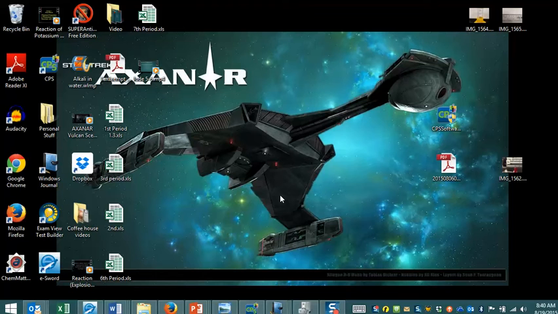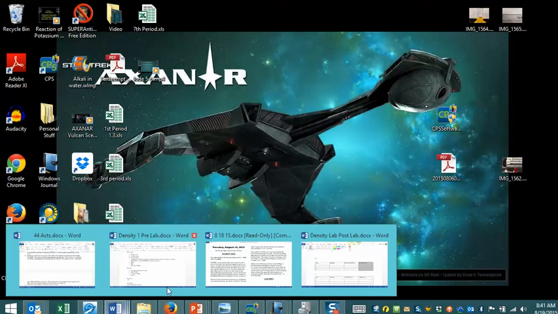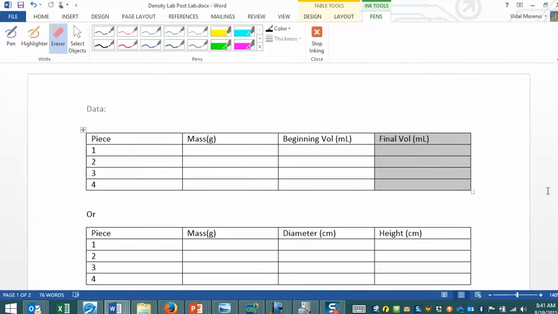Now, Will, in order to find the volume of the object, what did you have to do with those volumes? Subtract. You had to subtract. And subtraction is a calculation. And calculations go where? In the calculation section.